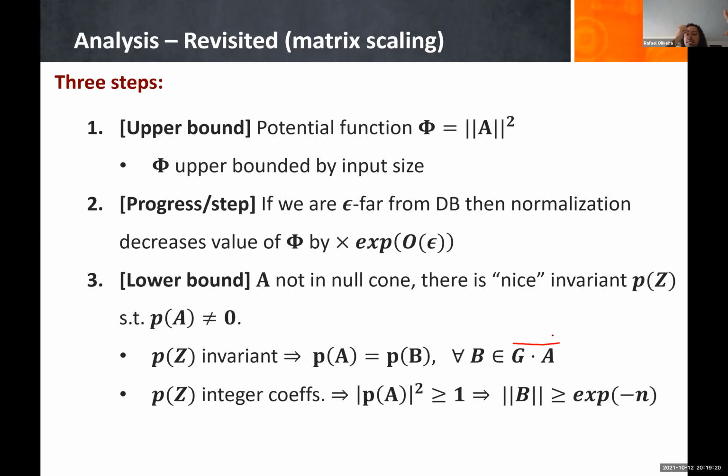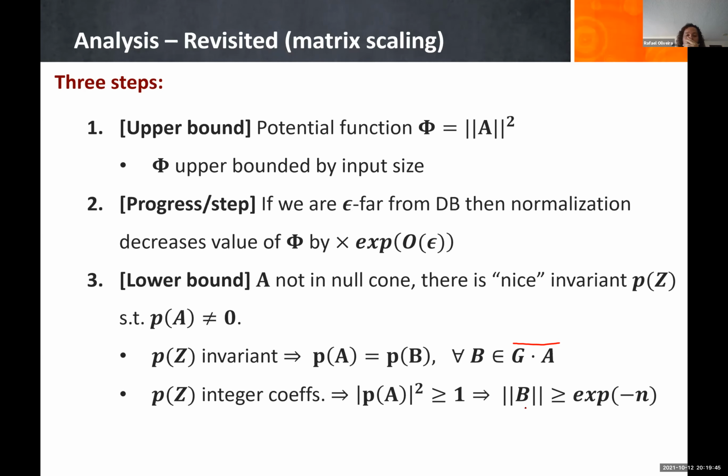But what does that mean? It means that the norm of B is greater or equal than inverse exponential in n. And inverse exponential is okay because, remember, we're always decreasing by a multiplicative factor, which is also an exponent, e to the minus epsilon. So we're always multiplying by e to the minus n, and this e to the minus n is totally fine.